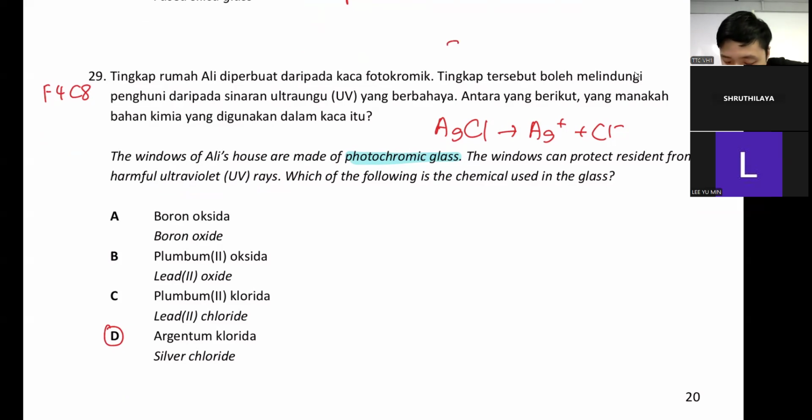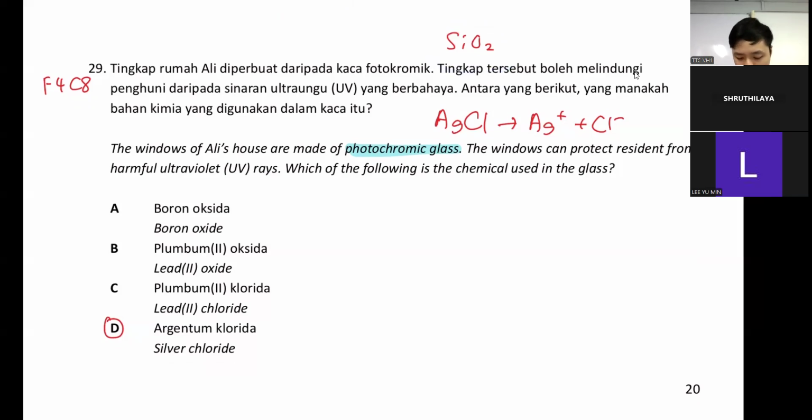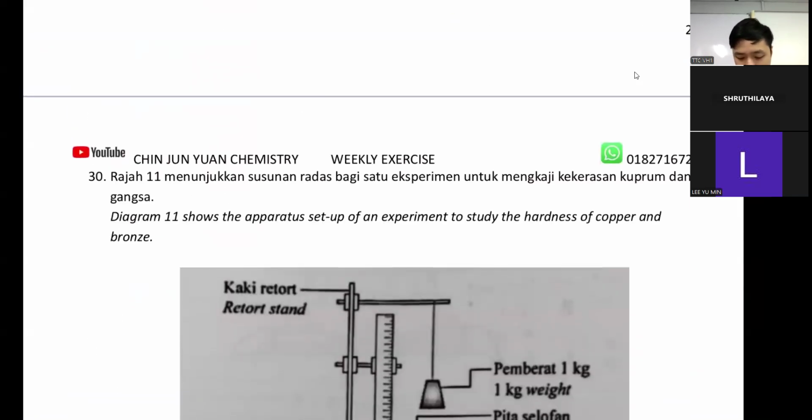Main component is silicon dioxide because glass is made by silicon dioxide, made by sand, silica。玻璃是用沙做的？OK，它的那个最主要的成分是沙，我们叫做 silicon dioxide.